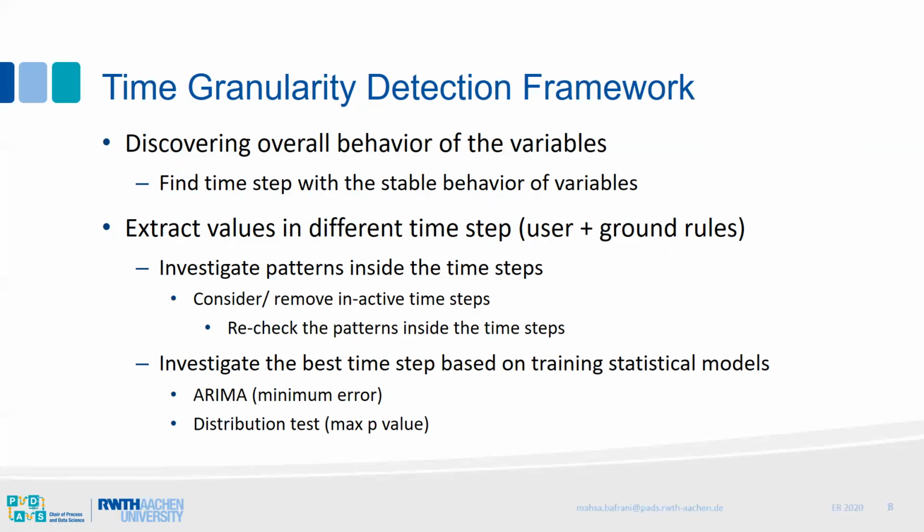After that, we use the pattern to remove the seasonality out of our time series, as well as removing any trend inside the data. So now we have a stable time series, which represents our process over steps of time. Then we use this data to train a model like the ARIMA model, and the quality of these models and the amount of error show us how good the models are.